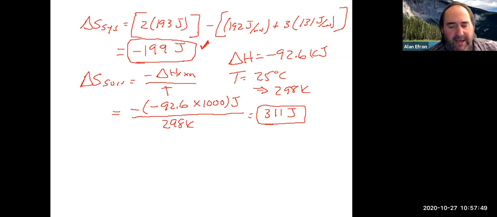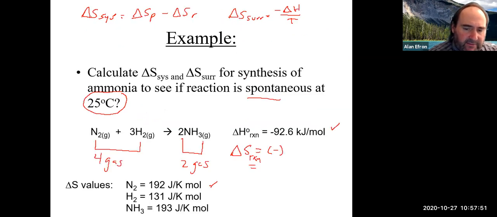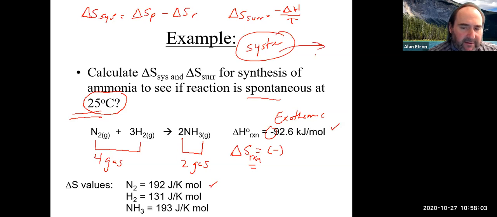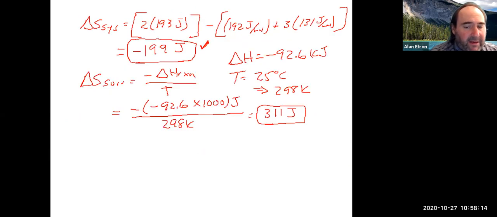Also, what we expect to happen here, again, this reaction is exothermic because of the negative. It's a regular temperature situation. So when our system gives off that energy to our surroundings, the surroundings should pick up that energy, become more disordered, and we would expect a delta S to become more positive, which is what we see in our calculation.